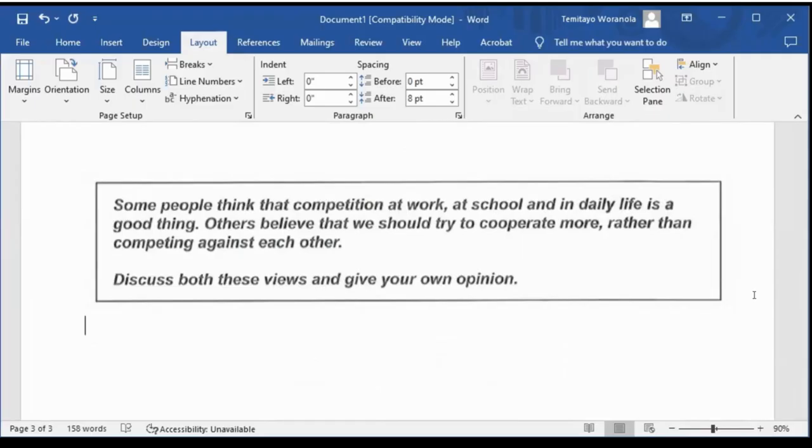Step 1, plan your essay and generate ideas. Or you can say generate ideas and plan your essay. That's step 1. Step 2, write your introduction.